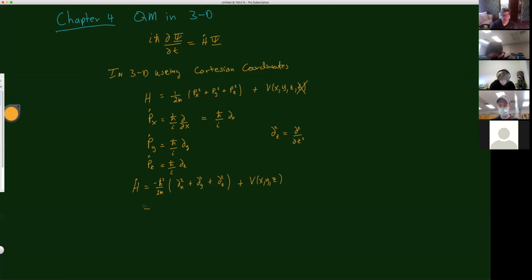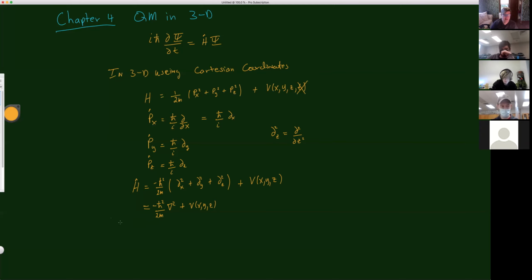It is actually del squared. And this is cool because if we know it's del squared, then we know what del squared is in all the other coordinate systems. So we immediately know how to write down the Hamiltonian operator in any other coordinate system we like.